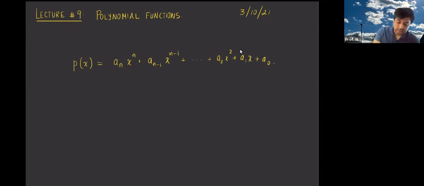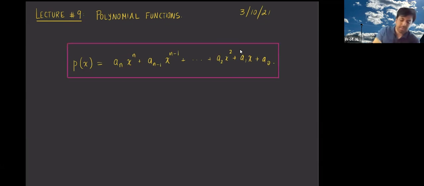So this might seem a little bit intimidating to some because you have not only exponents, you also have little subscripts. But this is just a general way of expressing a polynomial, the general form of a polynomial.